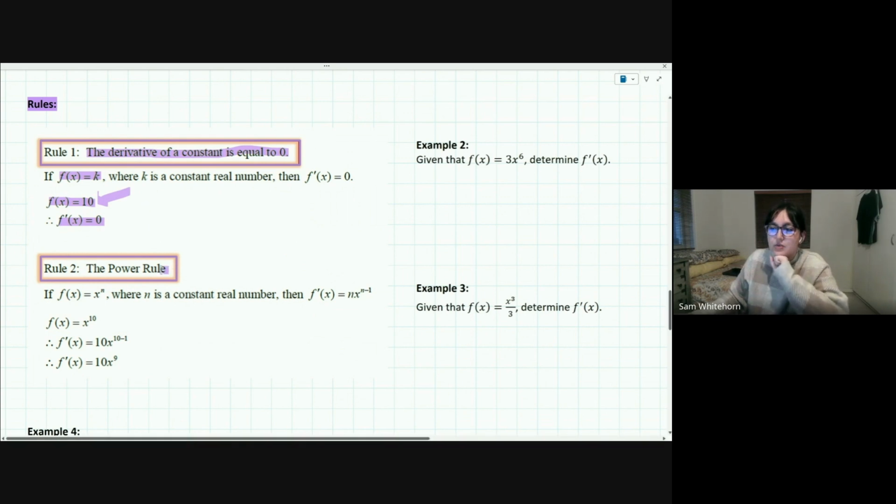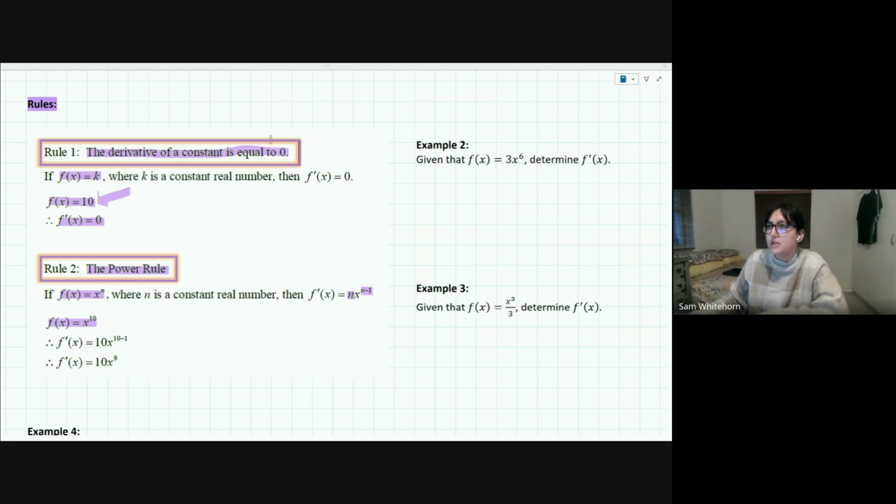The second rule is our power rule. The power rule says that if we are given the expression x to the power n, we multiply the coefficient by the exponent, and then we subtract 1 from the exponent. So if we look at this example, my original expression, x to the power 10.